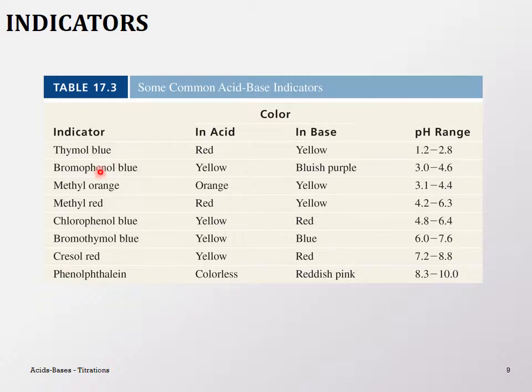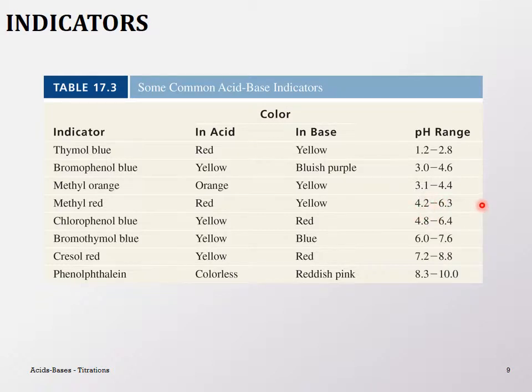Here are some examples of indicators, what color you would see in the acid, what color you would see in the base, and here's the pH range. For example, if you want to use methyl red, the color change is going to be 4.2 to 6.3.